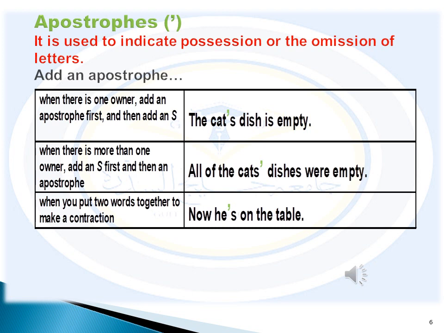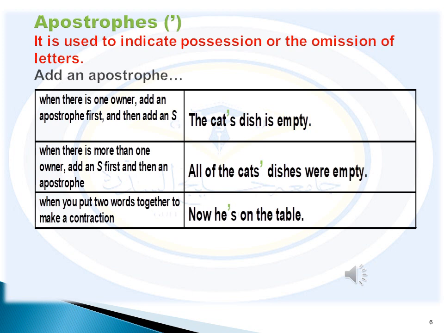So here we are talking about dishes for cats, not for one cat. Here we said a dish for a cat, one cat. But here we have cats, dishes for cats.